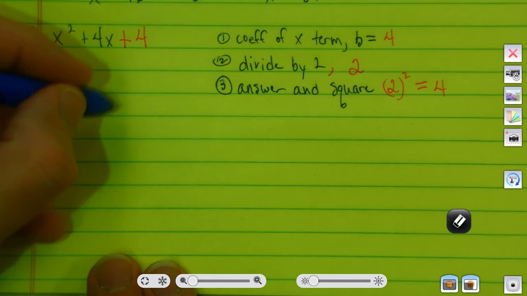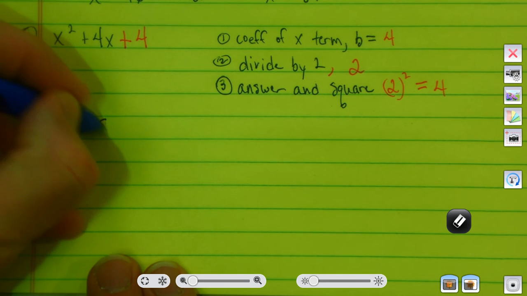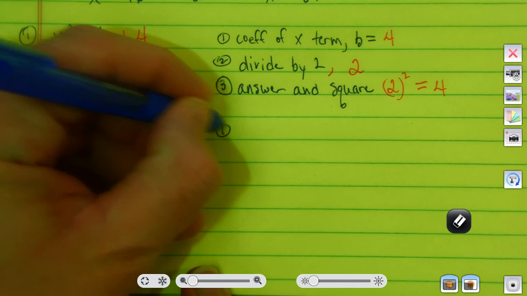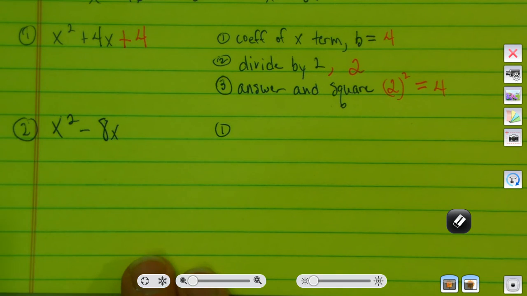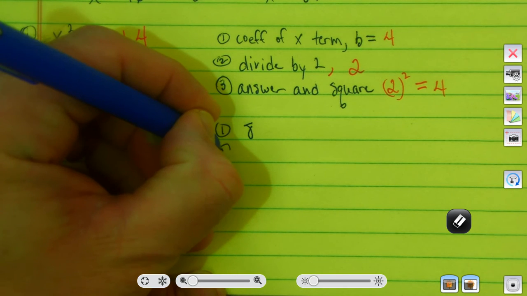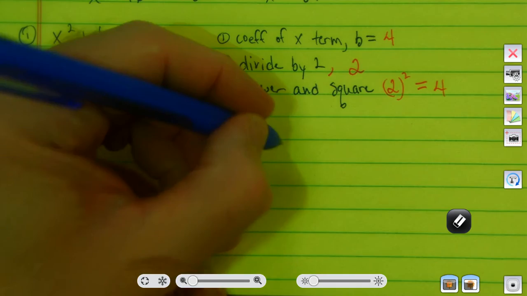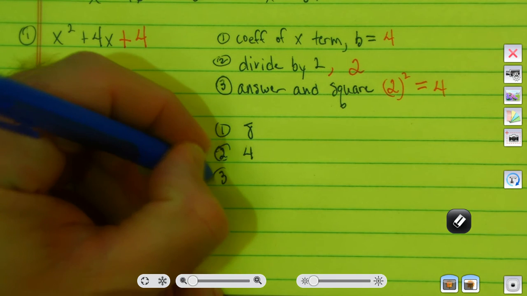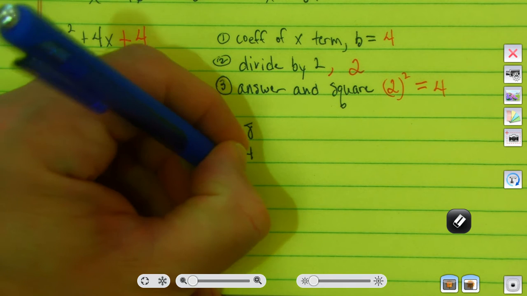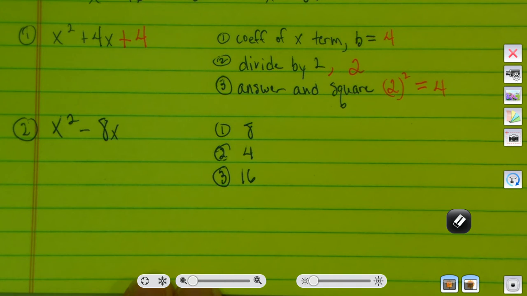x squared minus 8x. Let's complete the square there. All right, so the b term, coefficient of x, is 8. 8 divided by 2 is 4. 4 squared is 4 times 4, 16.